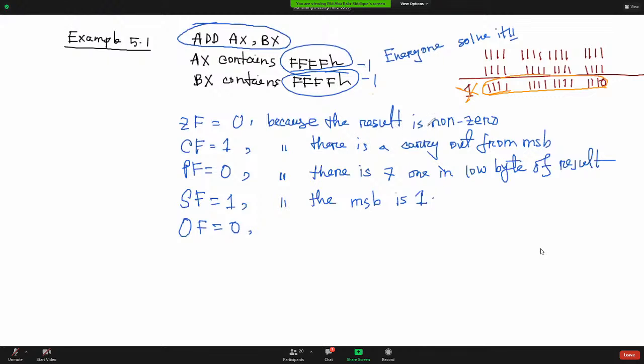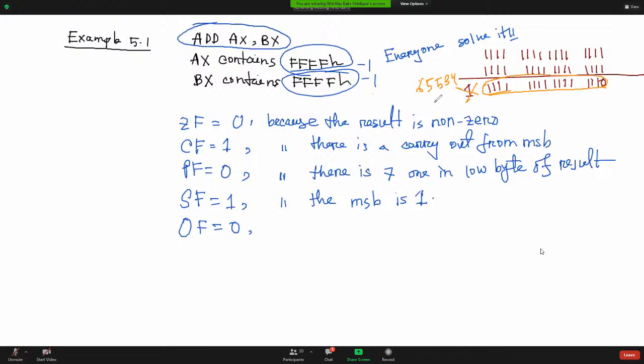No, that is the unsigned number. And not 65535, that is not correct. Actually 65534 is the correct one. That is the unsigned case.